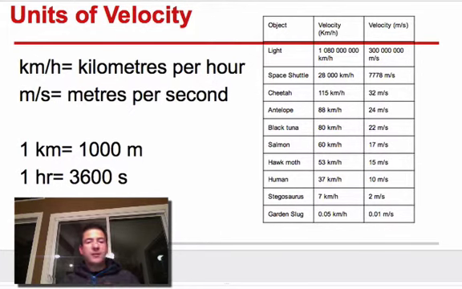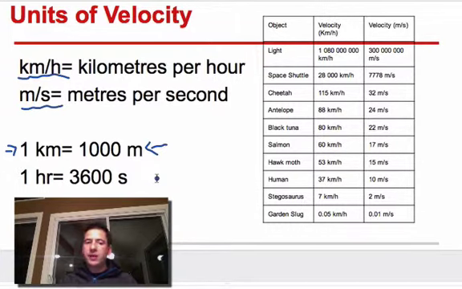Units of velocity: kilometers an hour, so that's kilometers per hour, or meters per second. You can see the difference between the two right here. Another conversion you're going to want to understand is that for every 1 kilometer, we're going to have 1,000 meters. You're going to want to remember that.